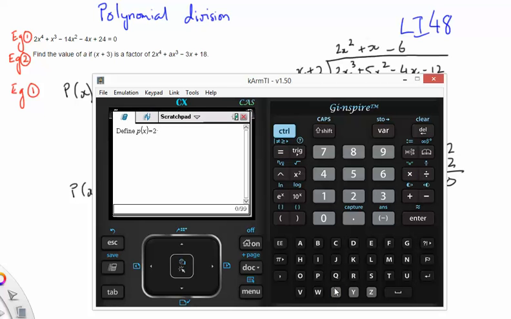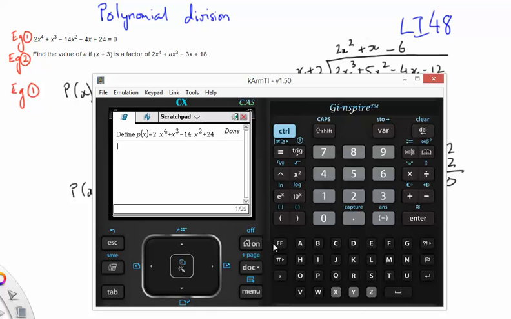2 times x to the power of 4. And if I was a good student, I'd really do this in a document. I shouldn't be doing this in Scratchpad. Minus 14 times x squared plus 24. Done. That's defined. Now, factor.